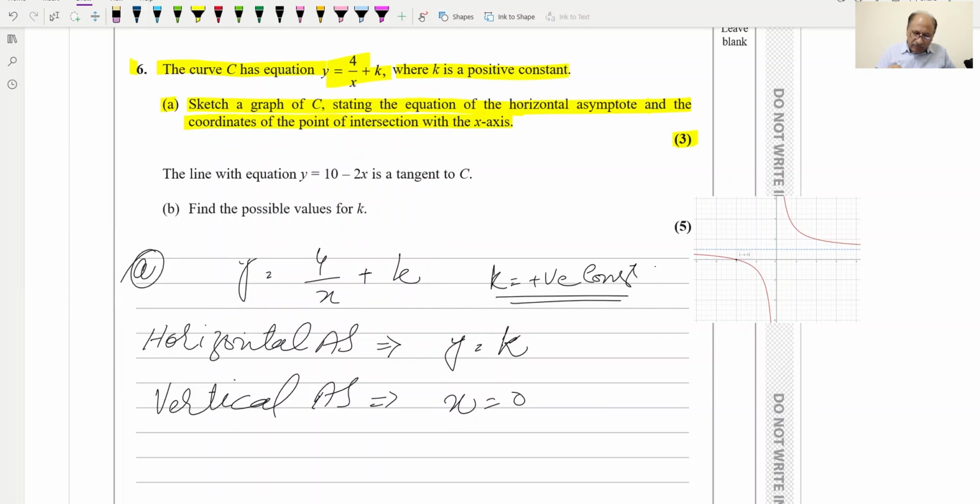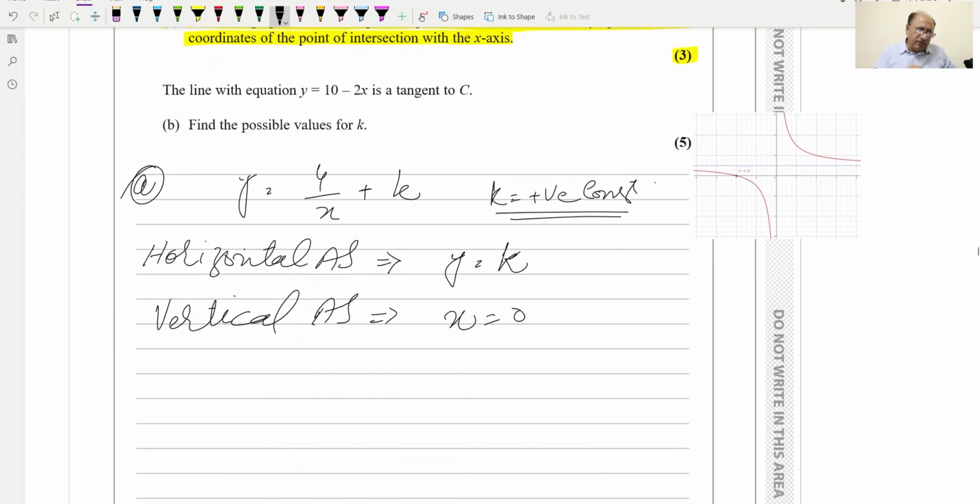And it cannot attain x is equal to 0, because if x is equal to 0, this will be undefined, so the curve will never take this value.